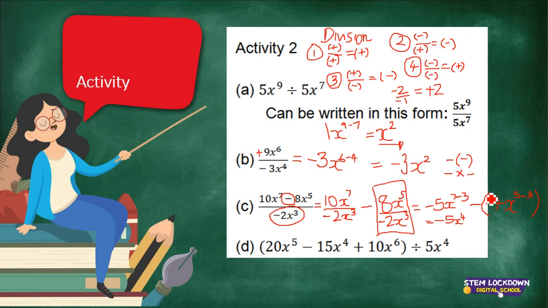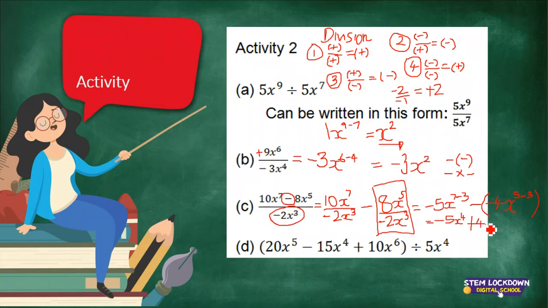Remember the law of distribution. This can be written as negative 1 multiplied by a negative 4. So negative times a negative, the answer is positive. So it's positive 4. Negative and negative gave you a positive, and then positive 4.